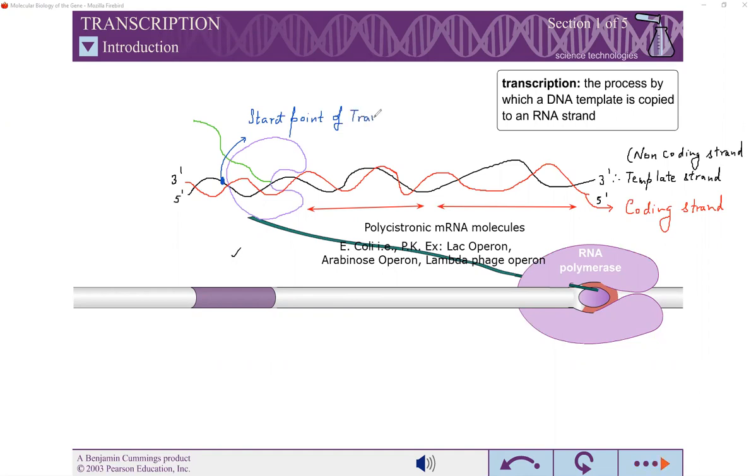All the sequences after the start point of transcription are referred to as downstream sequences.